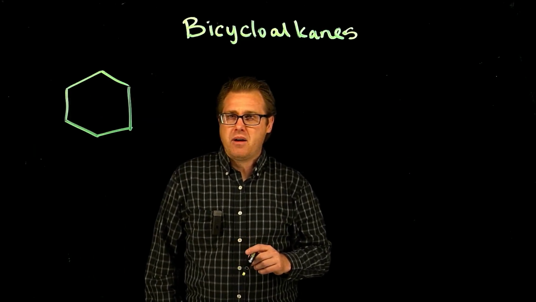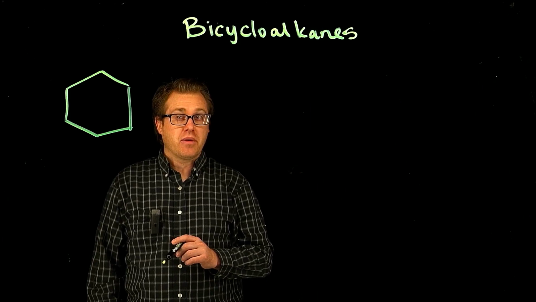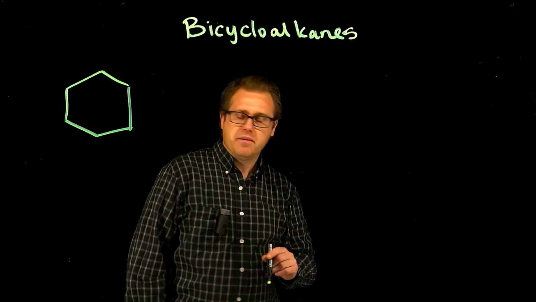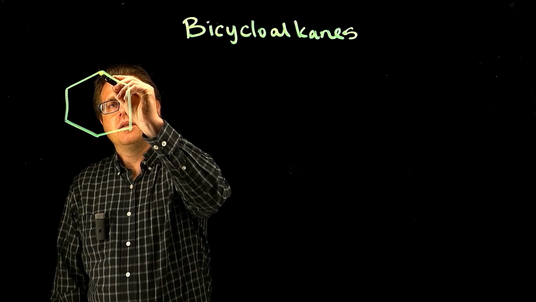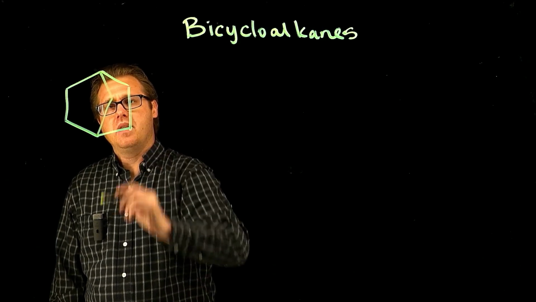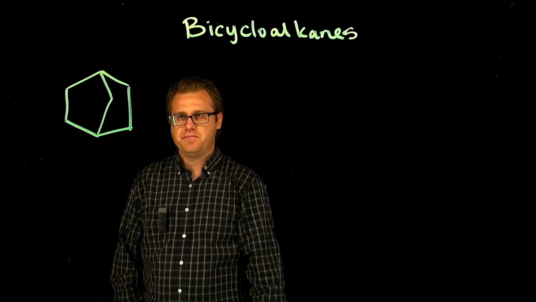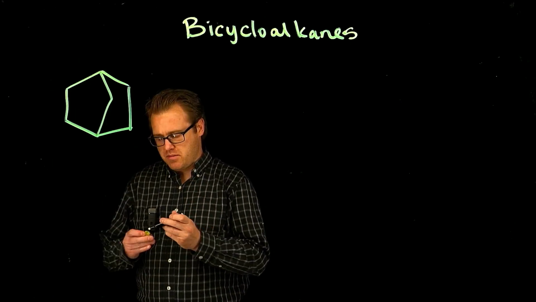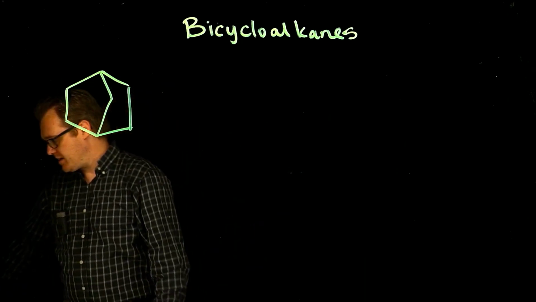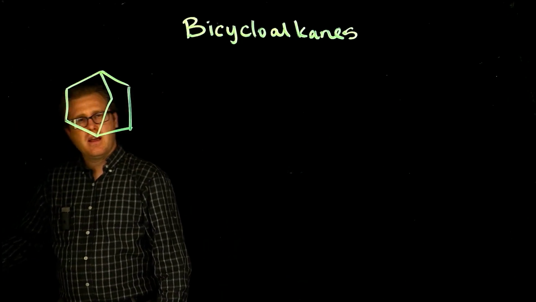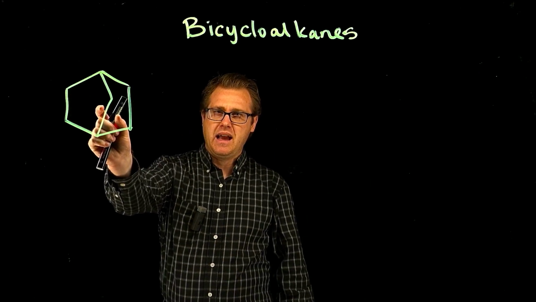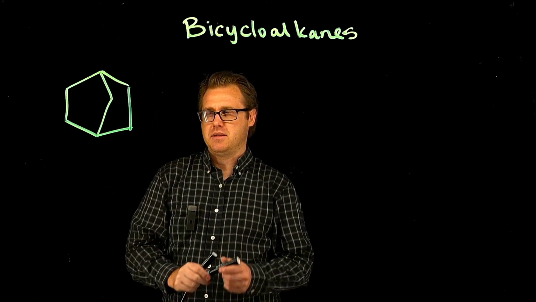But the moment that we stick another ring on it, so let's say if I added that to it, that right there is called a bicyclo compound or a bicycloalkane. And the reason why is because now this molecule has two rings.